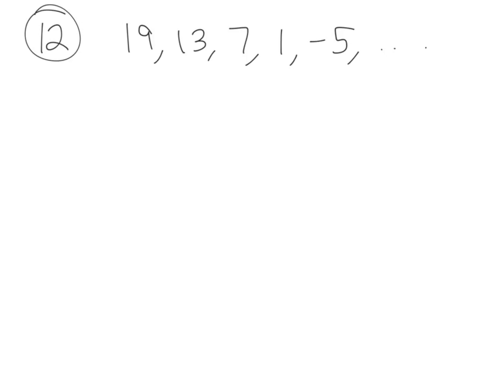All right, so these directions said, find the next 3 terms of the sequence below. So it is indeed a sequence. You have to determine what's going on here. Well, when I look at this, the difference that is occurring each time, 19 minus 13 is a negative 6, or minus 6. 13 minus 7 is, again, going down by 6. 7 minus 1 is going down by 6. 1 getting to negative 5, it's going down by 6.